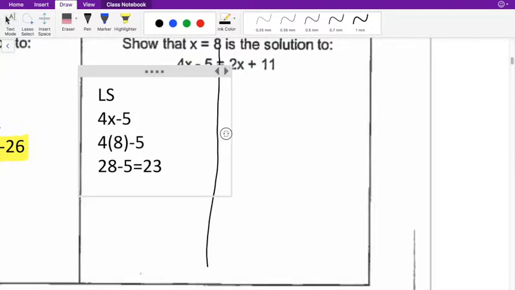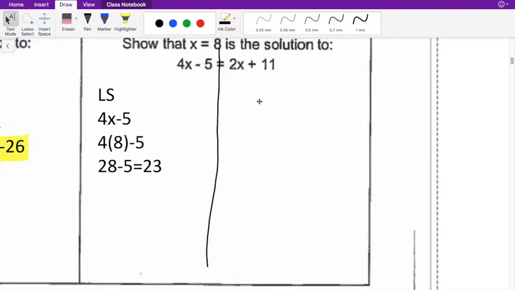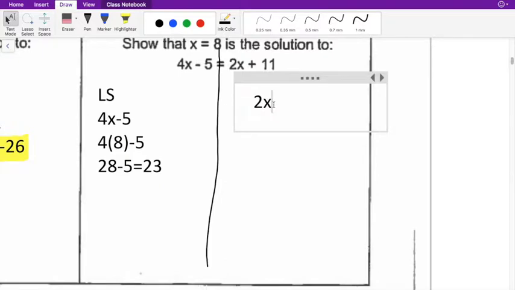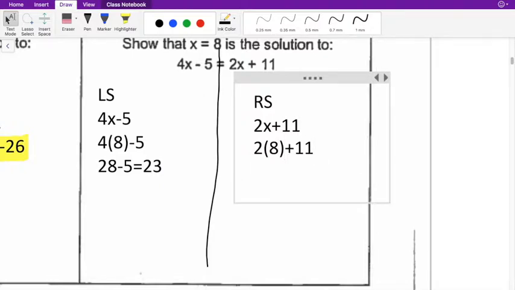So let's take a peek and see if our left side's actually going to equal our right side. So we have 2x plus 11. I should say right side here, so we have it down. Then we have 2 times 8 plus 11. 2 times 8 is 16 plus 11.